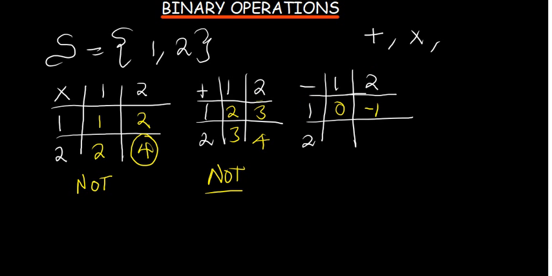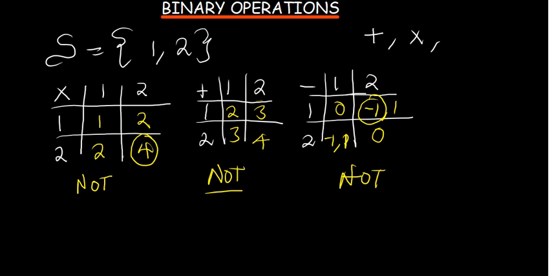If we start with this one, 2 minus 1, that is going to give us a positive 1. So take both directions. 2 minus 2 is 0. So you can see we have got a negative 1 here, which is not part of this set, meaning that subtraction is also not a binary operation.